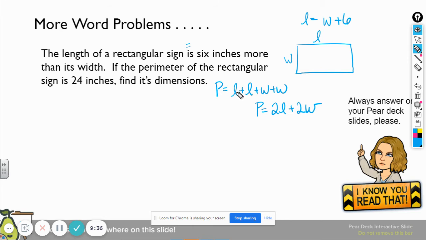And that makes sense, right? Because L plus L is 2L, and W plus W is 2W. Then another sophisticated way could be you've got the length plus the width, and you do that 2 times.